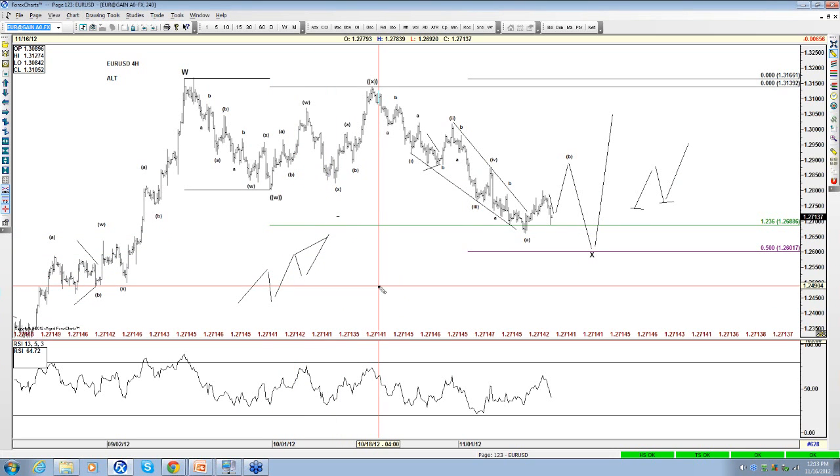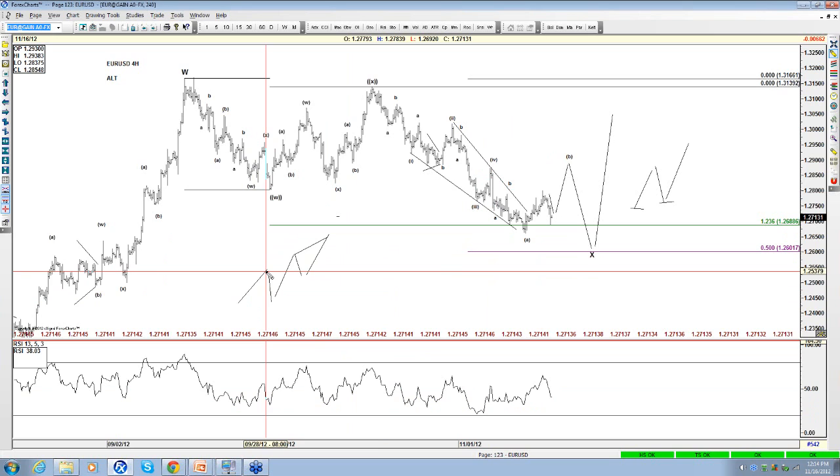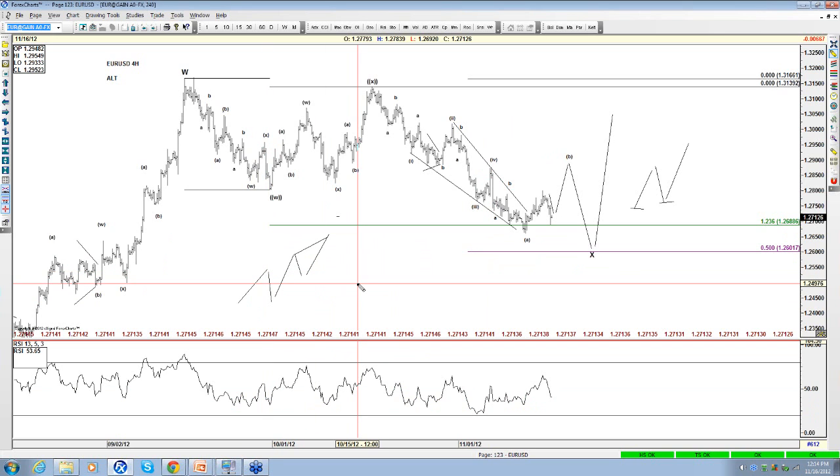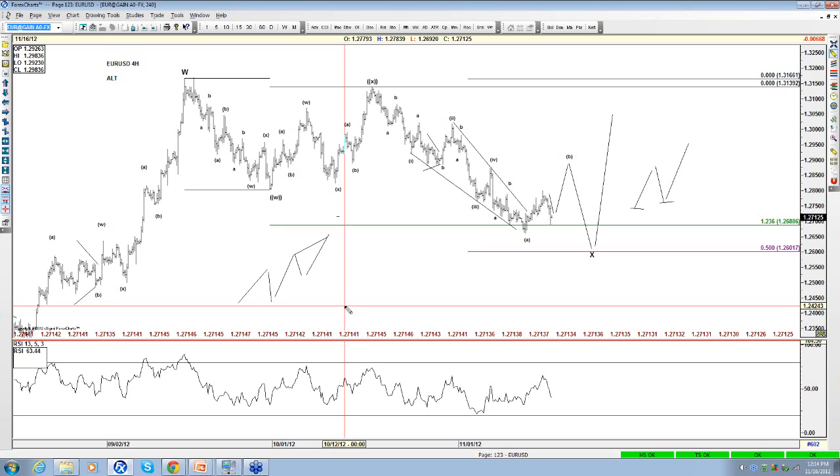Like we say in the class, most of the times in a leading diagonal, the first leg is the biggest momentum, most of the times.